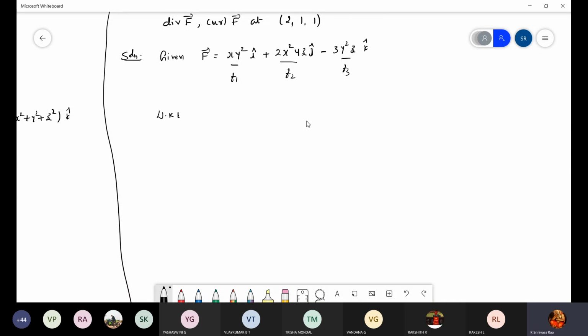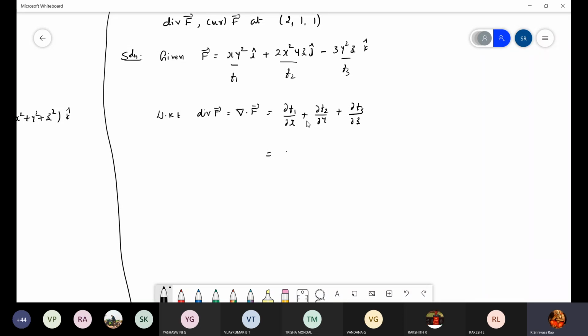div f. Question, you write as it is. Div f can also be denoted as del dot f, that is equal to ∂f1/∂x plus ∂f2/∂y plus ∂f3/∂z. Just differentiate each particular component with respect to x, y, z.